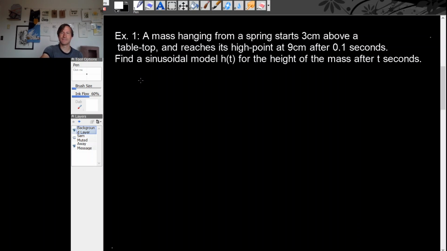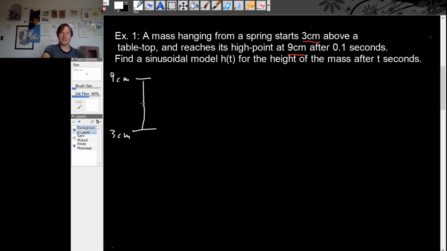So let's see. All of these numbers are kind of a lot to digest, so let's just take it piece by piece. We're going from a minimum of 3 centimeters to a maximum of 9 centimeters. So that's going to be like this, 3 centimeters up to 9 centimeters.